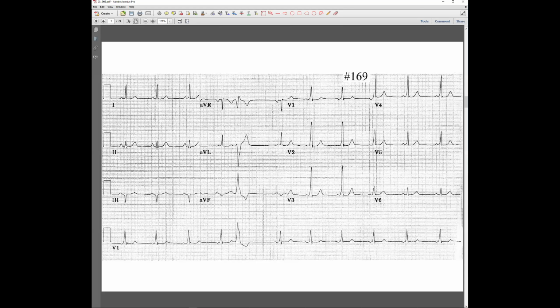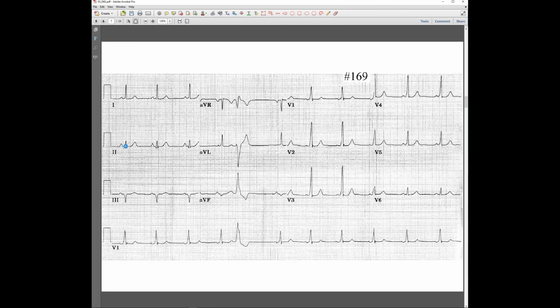And after that, I was looking at the P wave morphology, the PR interval. Yes, the PR interval seems to be normal. Well, you have 12 leads.